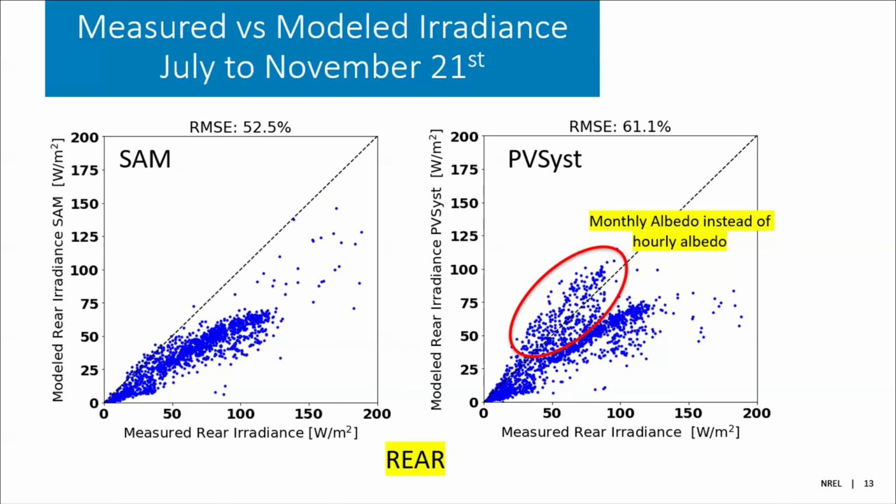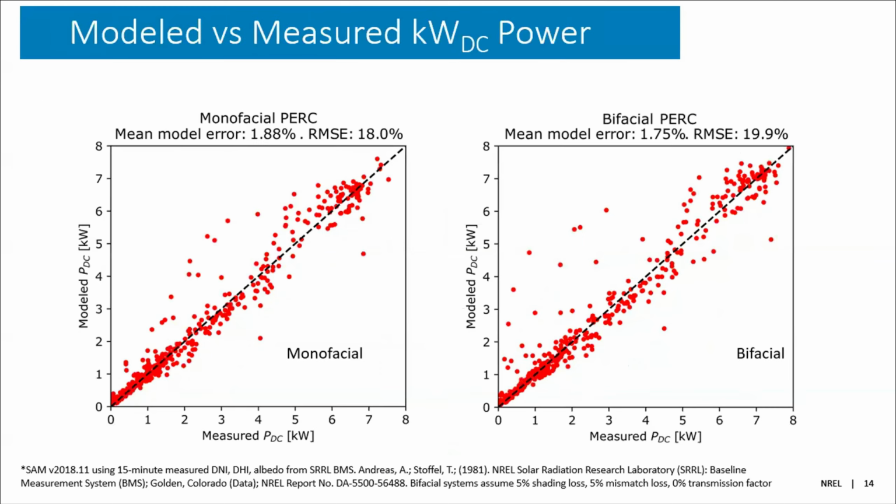However, the rear radiance is at most 10% of the contribution of the radiance that the panel will see. So when you actually put it through the losses from the absorption and the electrical modeling and the system and the electrical mismatch, thermal losses, etc., we end up back again on that line.